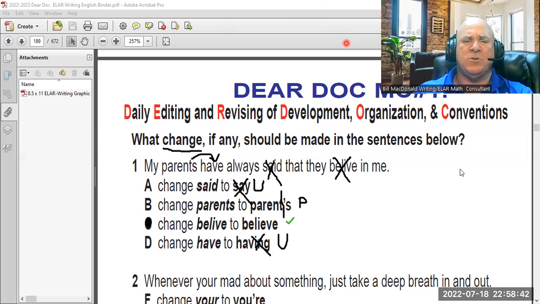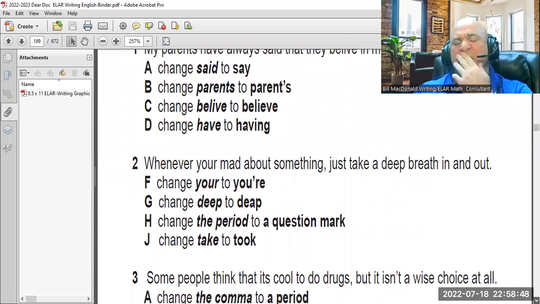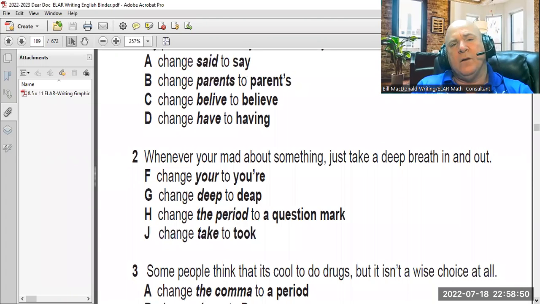And I was told by the director of content from TEA that yes, the questions of editing and revising will only be worth 1 point, and no, they will not be multiple choice 100%, that some of the editing and revising questions will be some of the constructed type response.